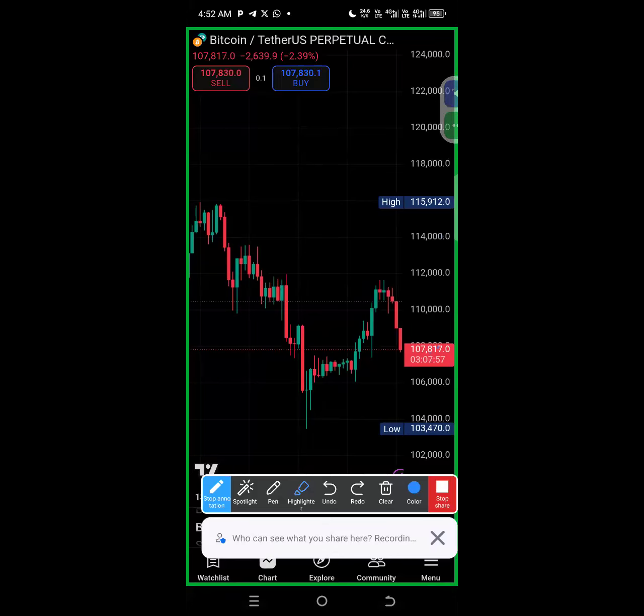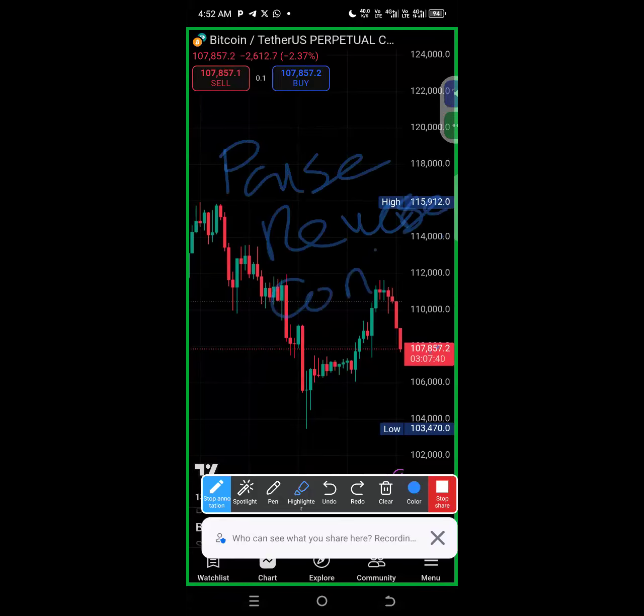the main purpose of support and resistance is to help traders identify whether the price is going to pause, or it's going to reverse, or it's going to continue. That is price continuation. So either there's going to be a price reversal, a price continuation, or ranging.